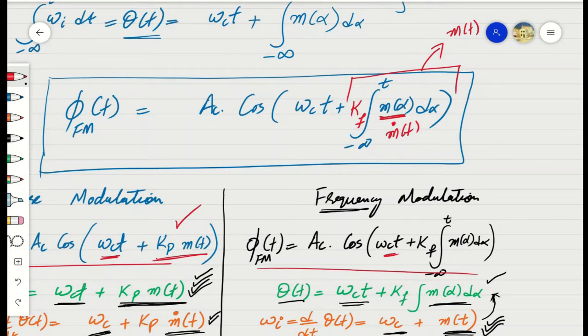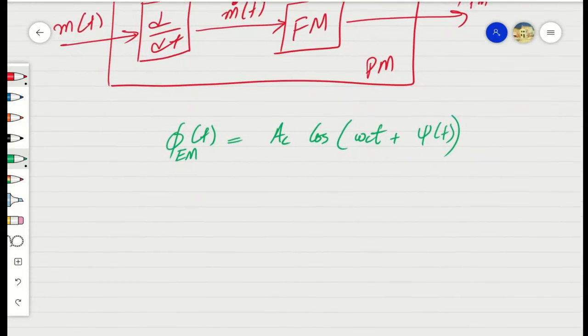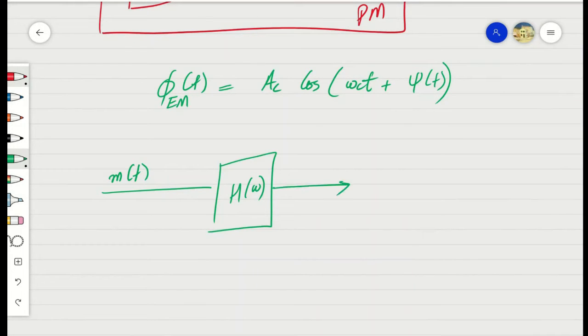Or in generalized form, the expression of the exponential modulation scheme was as shown. A block diagram for such modulation schemes can be drawn as follows: the information signal is processed through a system or a filter h of omega, and the information signal is modified as psi of t.